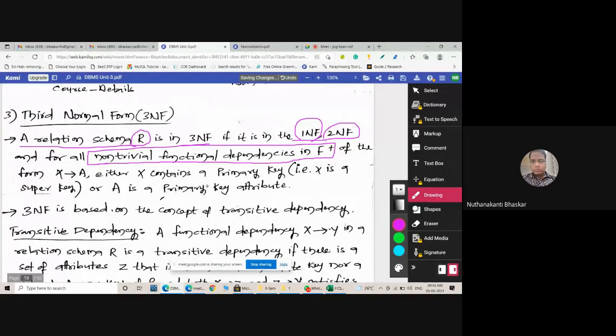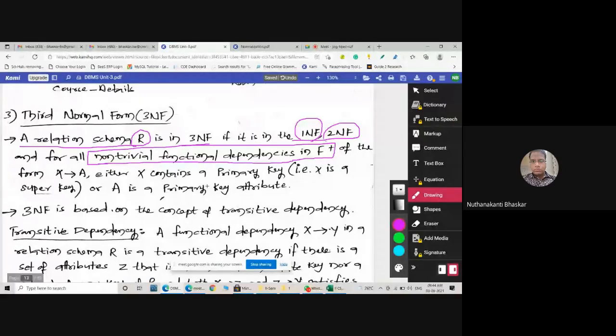It is going to avoid the trivial functional dependency. Non-trivial means it is avoiding the trivial functional dependency. Please don't confuse: trivial or transitivity, those are synonym words.